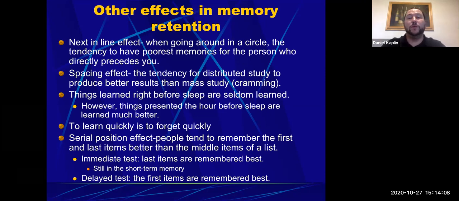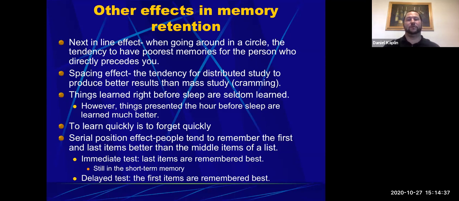You'll remember what most people said, except for the person right before you. And the question is, well, why is it that you don't remember what people said right before you? Well, you were practicing what you were going to say, so you tune them out. So one thing with memory is if you're going to answer a question, you're likely not going to remember the people who went before you or the information that went right before you spoke.